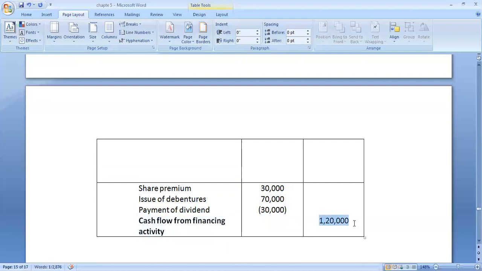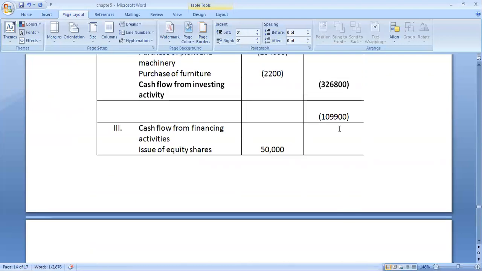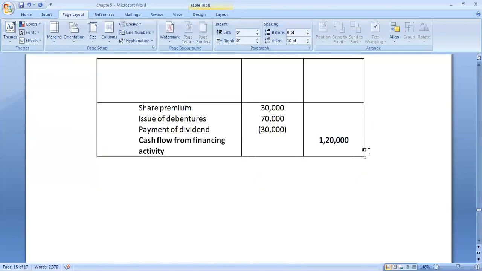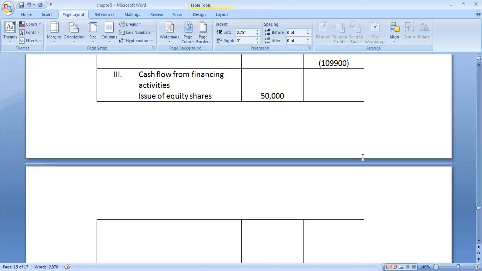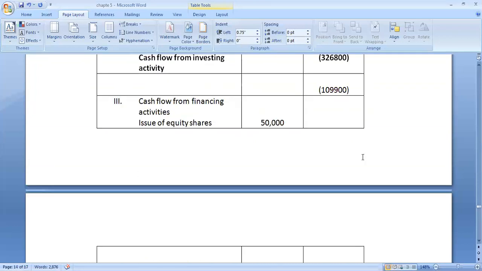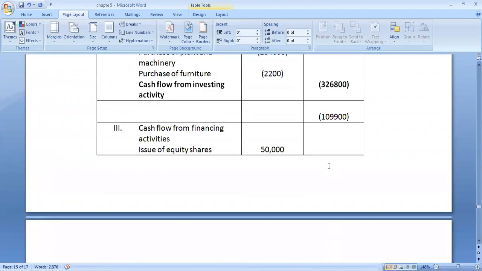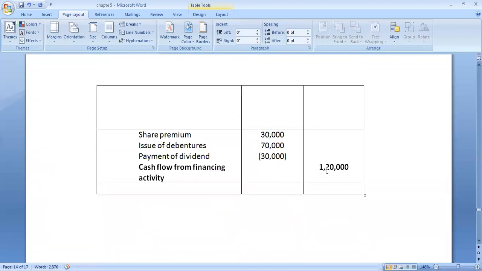So now you have already got the negative value, that is minus 1,09,900, plus you got the value as plus in the case of financing activity.